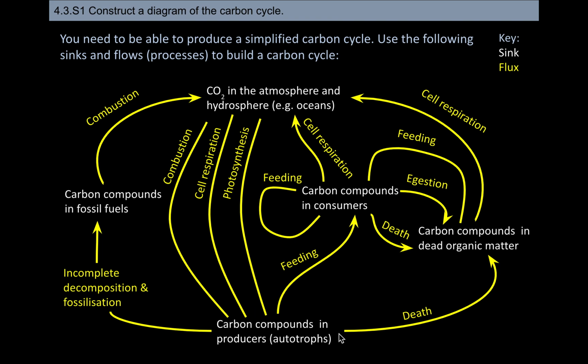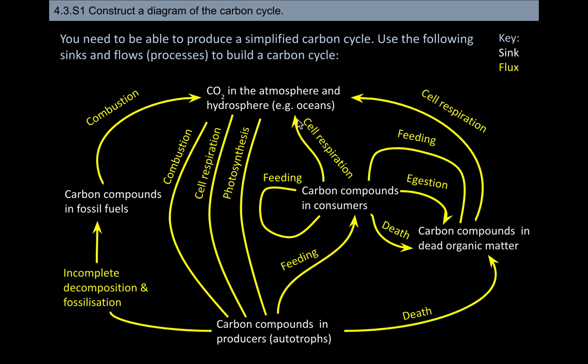So here, the carbon compounds and producers, so this would be like plant matter. You can see that feeding to consumers is a flux, right? And then feeding between these animals is also a way of moving carbon, right? When we eat a cow, for example, who ate the plants, so there's carbon fluxing between these organisms.